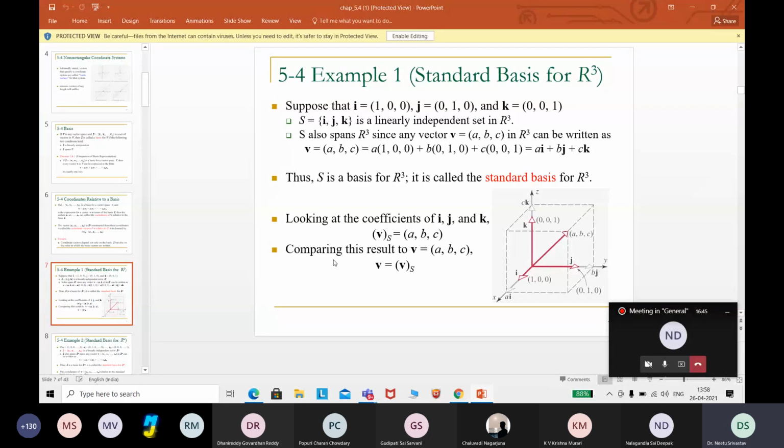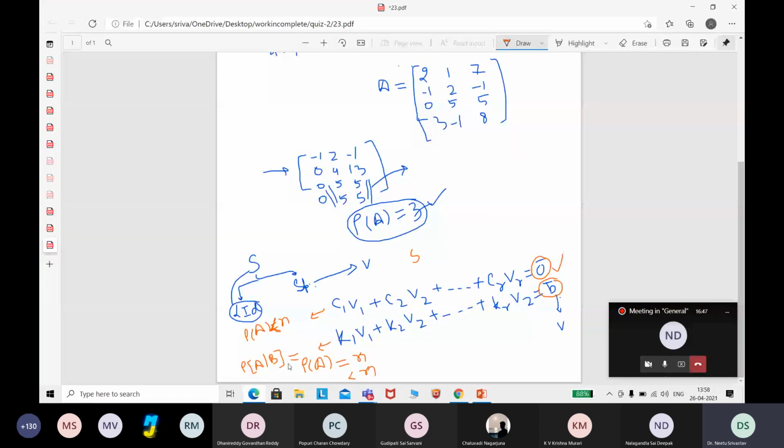When I am proving this, I have to show the two conditions. First, that they should be linearly independent, which can be proved through this condition. Second, along with linear independence, you have to show that every vector in V can be written as a linear combination. Okay, so for that, just a minute.